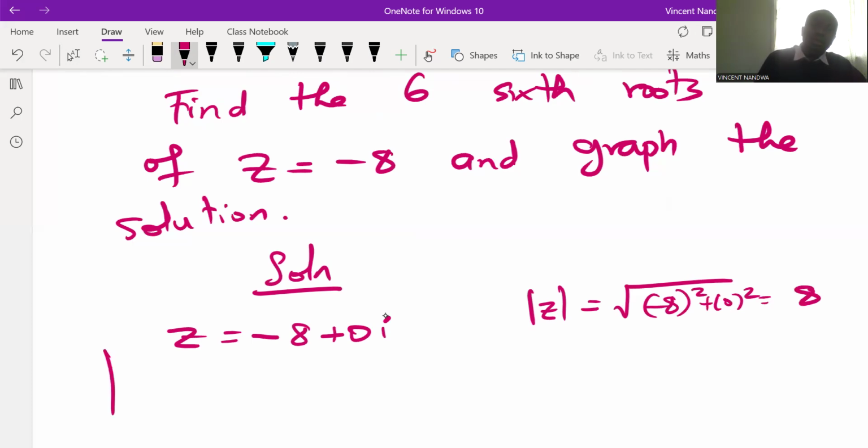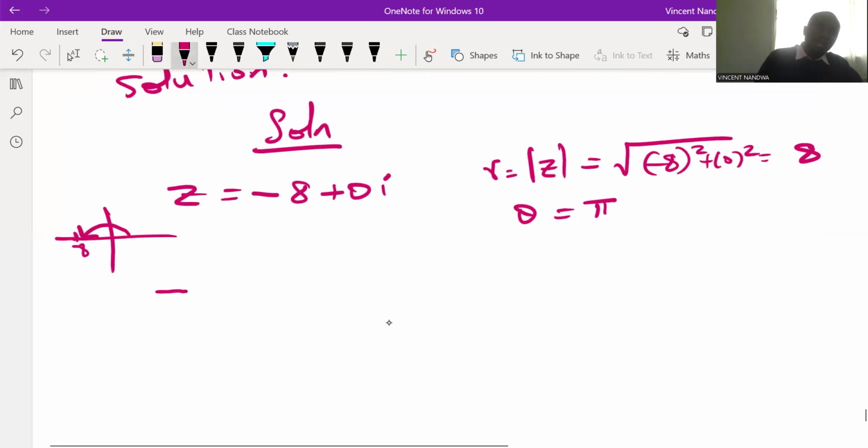And if you are to put this number on a number line, -8 will be somewhere here. Which means that the angle theta is just going to be 180 degrees because it's on the real axis on the negative side. So r is this, and theta is just pi.